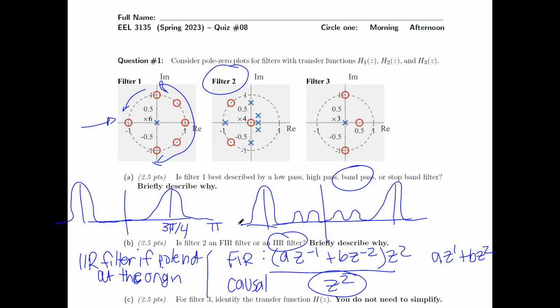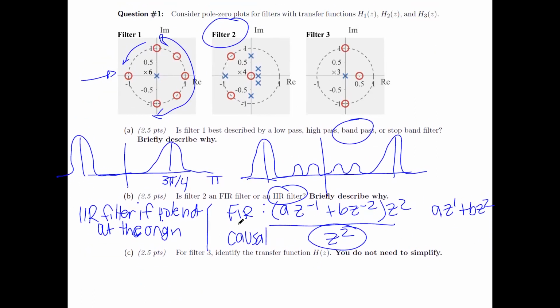Next question. For filter 3, identify the transfer function H of z. Okay. So you're just going to look at these zeros that you get. There's 3 of them, so you expect a third degree polynomial in z to the negative 1. So H of z equals 1 minus 0.5 z to the negative 1.